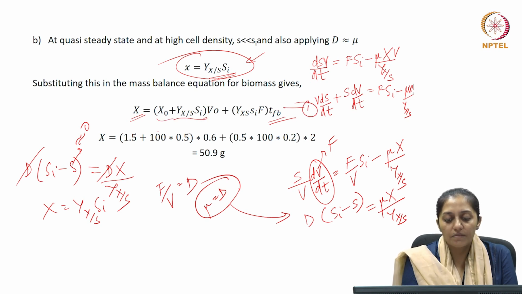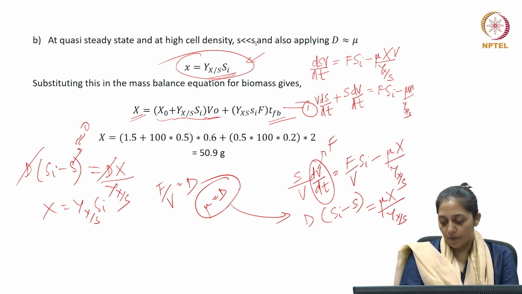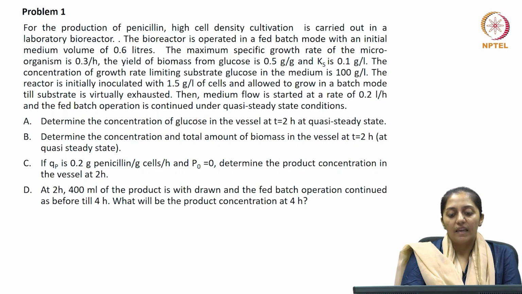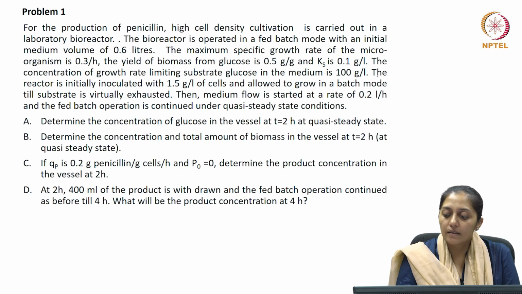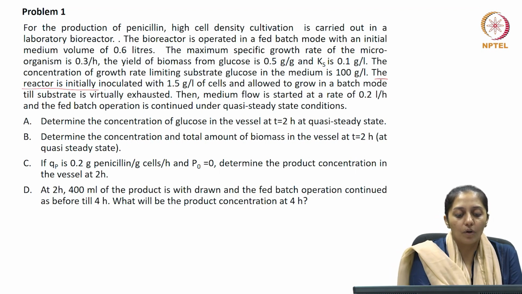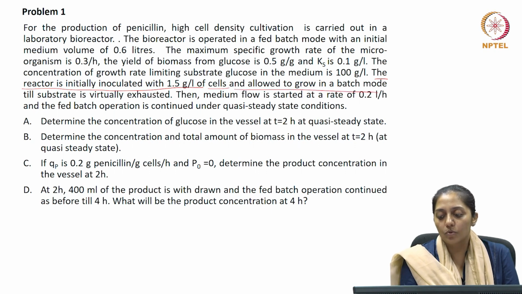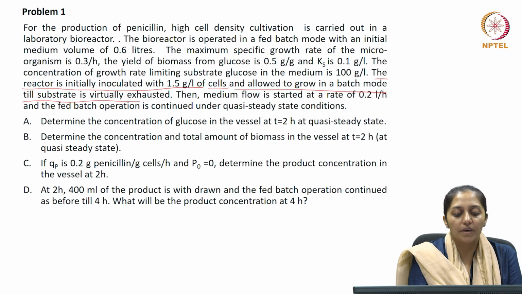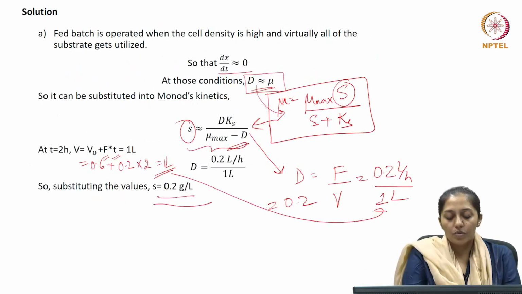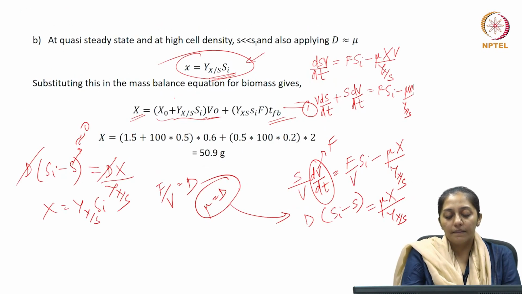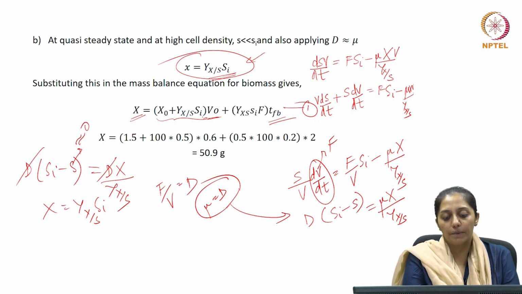So, X0 plus Yx/s into Si times V0. If you remember the problem statement, it is given here that the reactor is initially inoculated with 1.5 grams per liter of cells and allowed to grow in batch mode till the substrate is virtually exhausted. So, we can determine in this batch how much biomass will be generated before it is converted to fed batch.